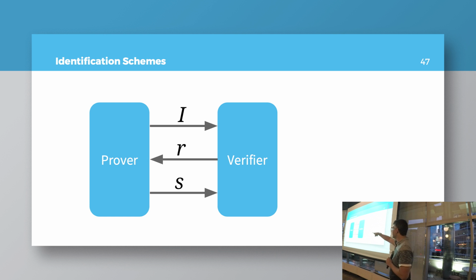And then the prover, calculating using I and some other information they calculate at the same time as I, and using R, can calculate this thing called S. And that S goes back to the verifier, and then the verifier can use that to validate that the prover has some kind of private key for which the verifier has a public key.